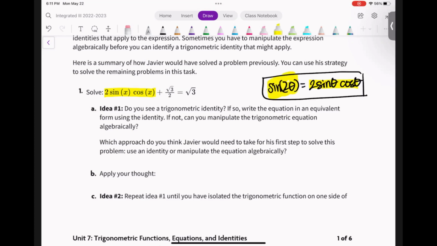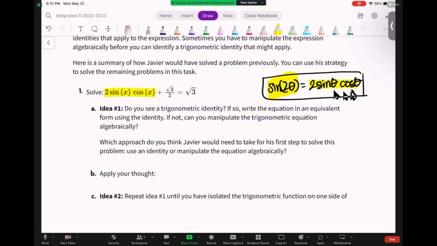And the reason why is because if you're solving equations, you want your variable to be as simple as possible, right? And if you look at the right side of the identity, it's not simple. You have two of them. You have a theta here and a theta here. Versus the left side, you only have one theta.